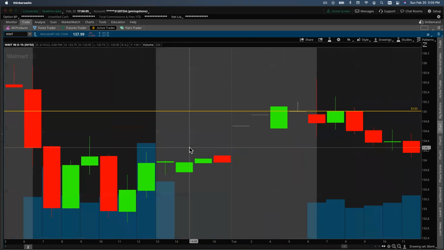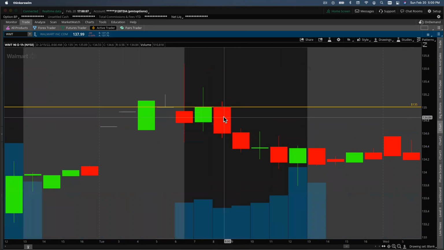If you check this red candlestick out right here, the open on that candlestick is 135, and we literally closed below this green candlestick, and we engulfed it downwards, and we started downtrending on that day of Tuesday right here.